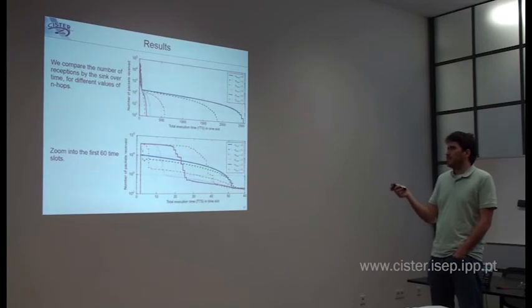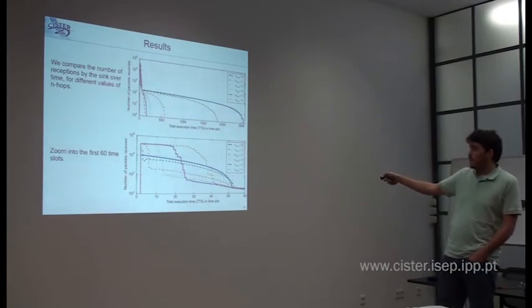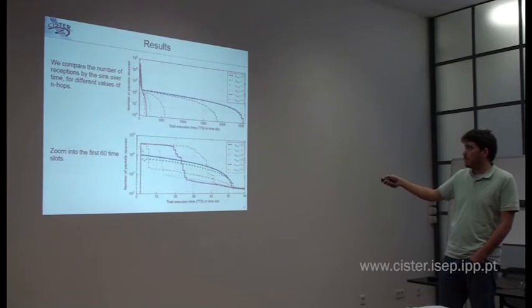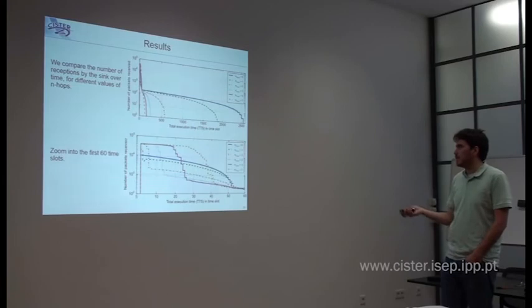And here it's just a zoom inside the beginning. This is the number of packets received by the sink, which means that by increasing the neighborhood size, you decrease the number of packets transmitted to the sink, and you decrease end-to-end delay.